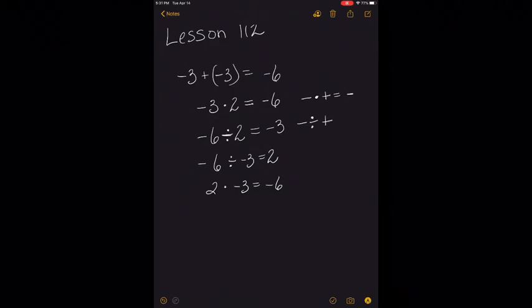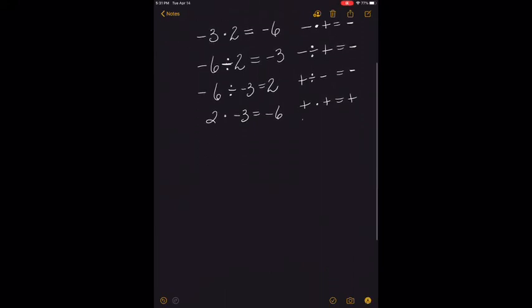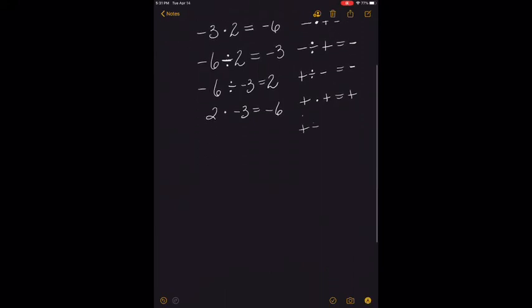Okay, when you're dividing, it's the same way. If you divide a negative by a positive, you'll get a negative. If you divide a positive by a negative, you'll get a negative. If you multiply a positive times a positive, of course you get a positive. You've been doing that all your life, right? Same with division.